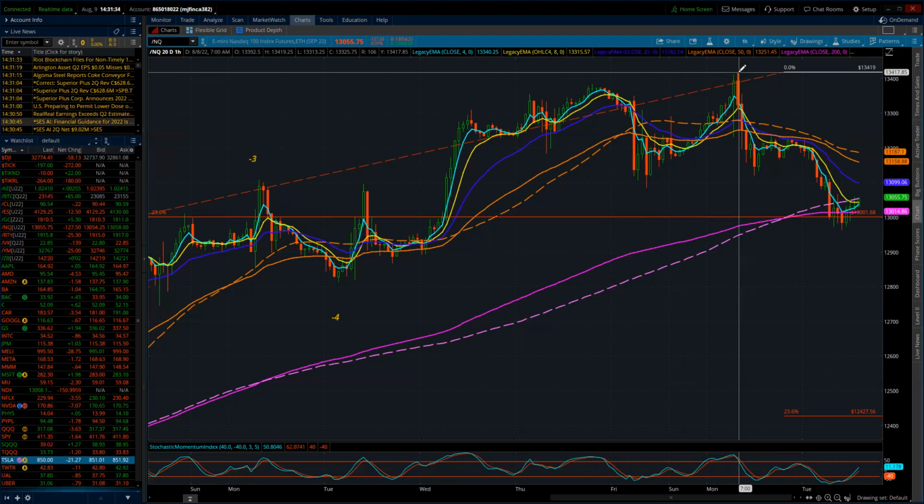If it is an intermediate B wave as a part of this primary B wave, which is a counter-trend rally, then I'd be looking for a downside move, but I would not be looking for a new low below 11,068. In fact, I would suspect that that B wave should come in well above all of that.